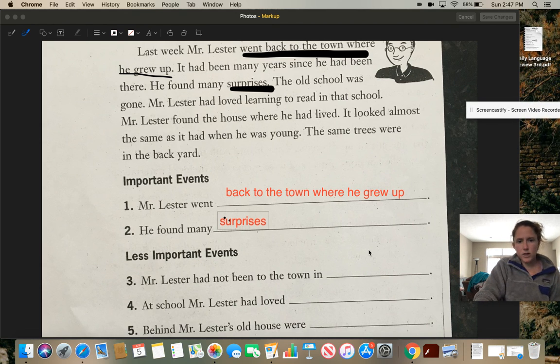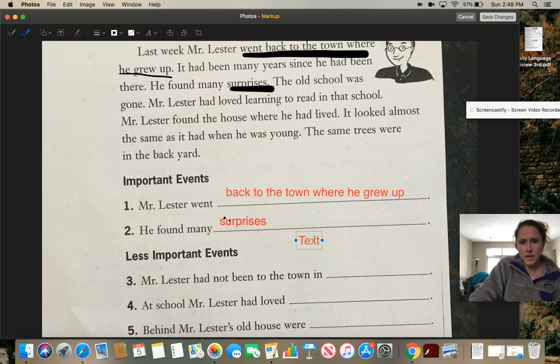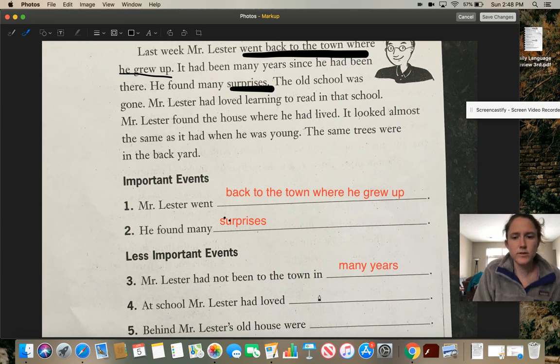So Mr. Lester had not been to the town in many years since he had been there. So take a text box and we'll move it. In many years. I guess you're writing yours in pencil, so you don't have to move anything.